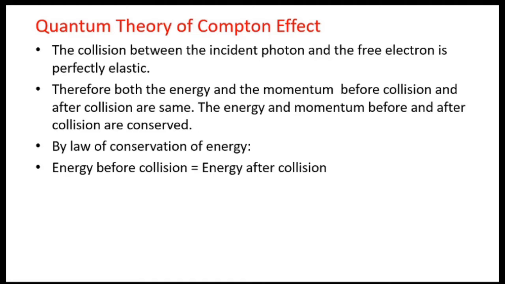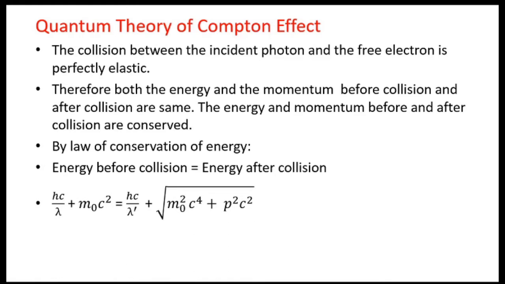So before the collision, it will be the sum of the energy of the incident X-ray photon plus the energy of the free electron which is at rest. This sum represents the energy before collision, and the energy after the collision is the sum of the energy of the scattered photon plus the energy of the recoiled electron.